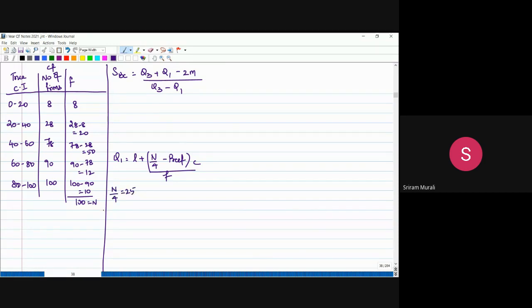So 25 in which class interval it comes? 28, sir. 20 to 40. 25. Will it not come here? Okay, here.